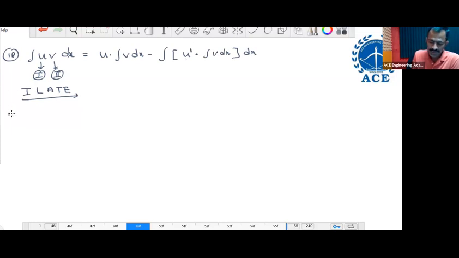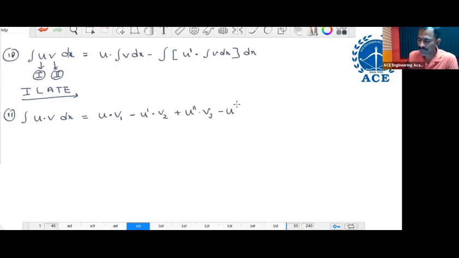Next, 11th one. 11th one is also an integration by parts formula, but a generalization of this one. Integral of u v dx equals u into v suffix 1, minus u dash into v suffix 2, plus u double dash into v suffix 3, minus u triple dash into v suffix 4, plus and so on like this.